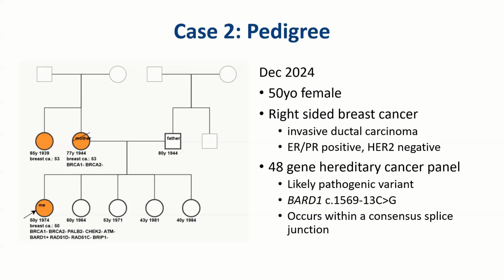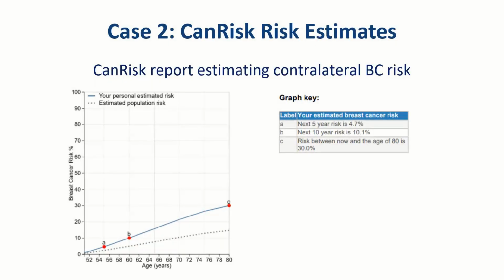I actually had a genetic counseling student with me on this case, and she ran CanRisk to get the contralateral breast cancer risk estimate. I was surprised at how high it was: by age 80, a risk of 30%.